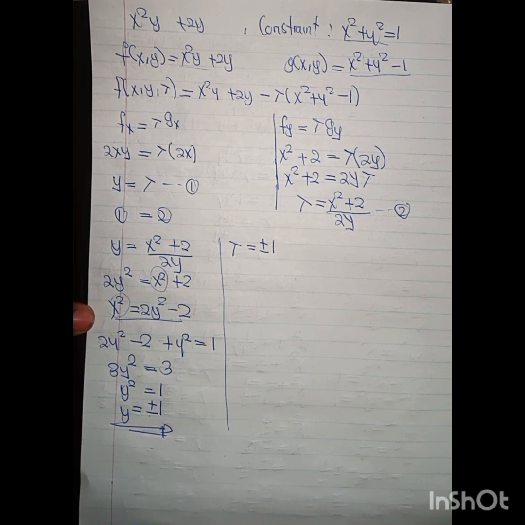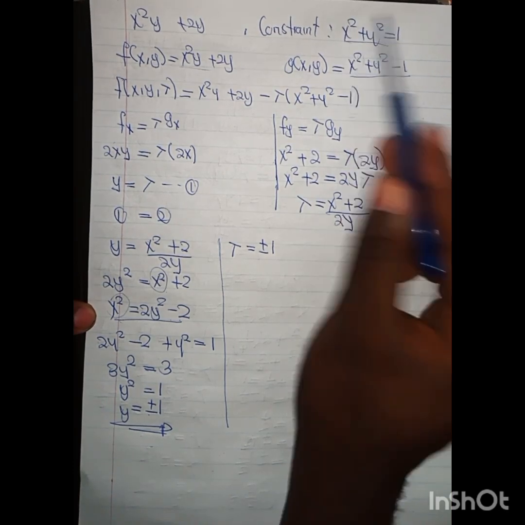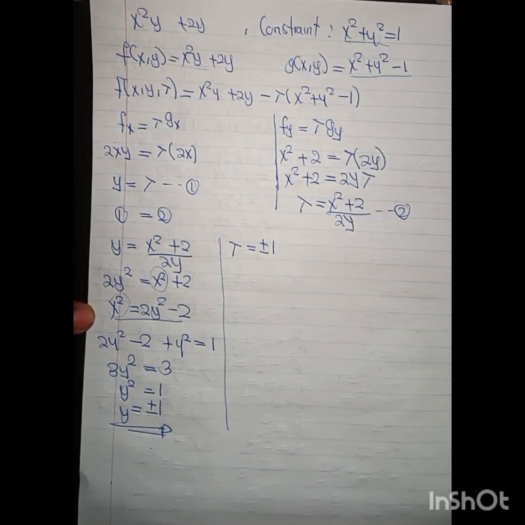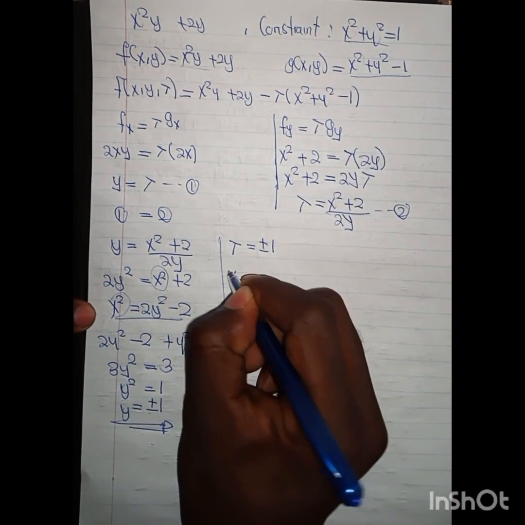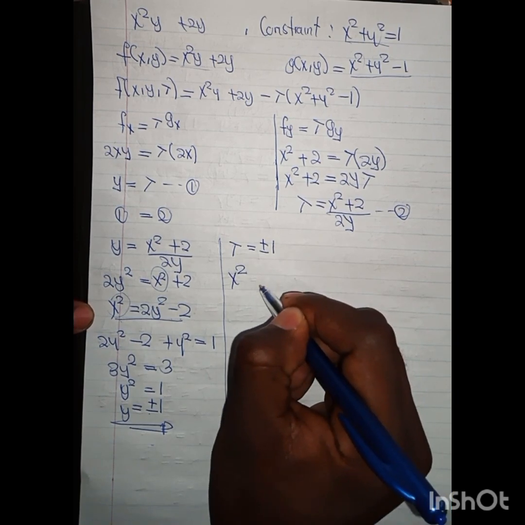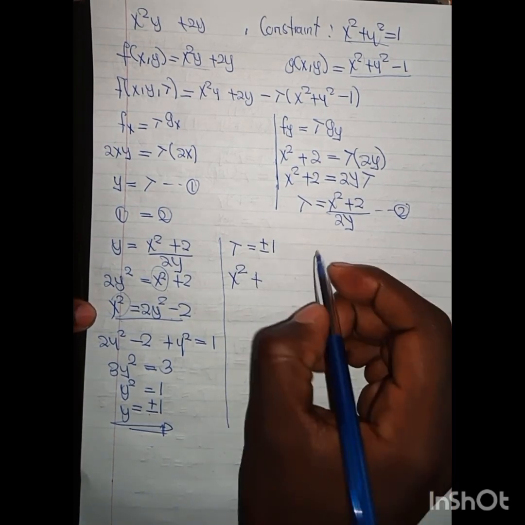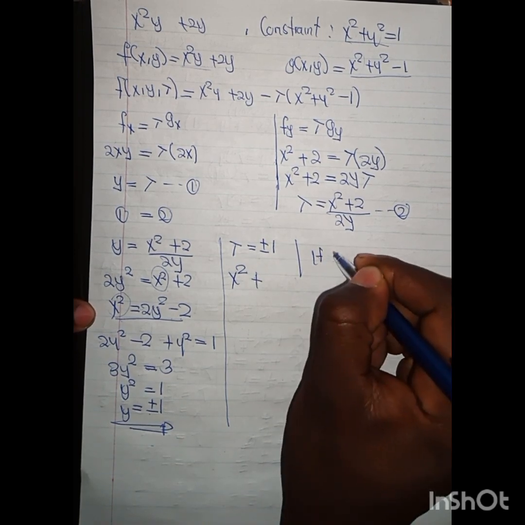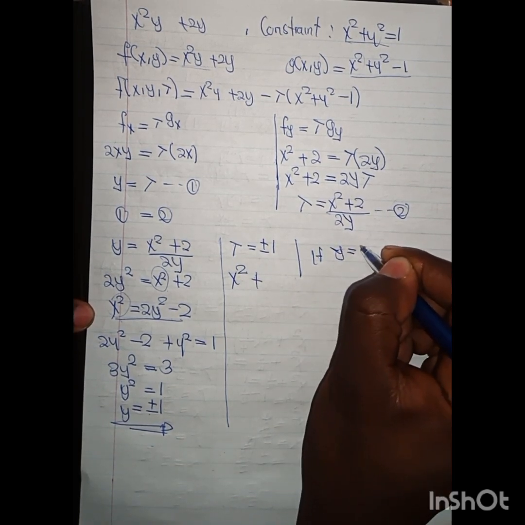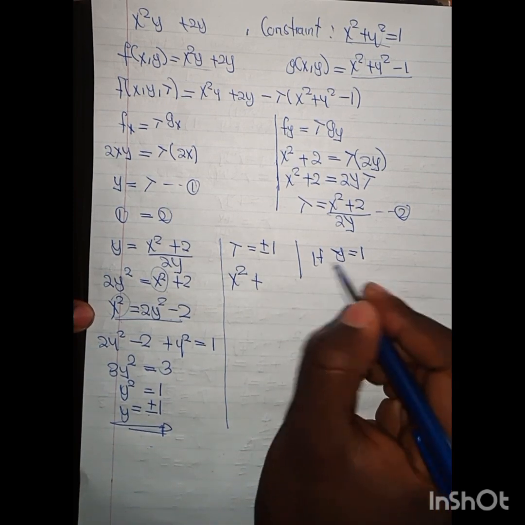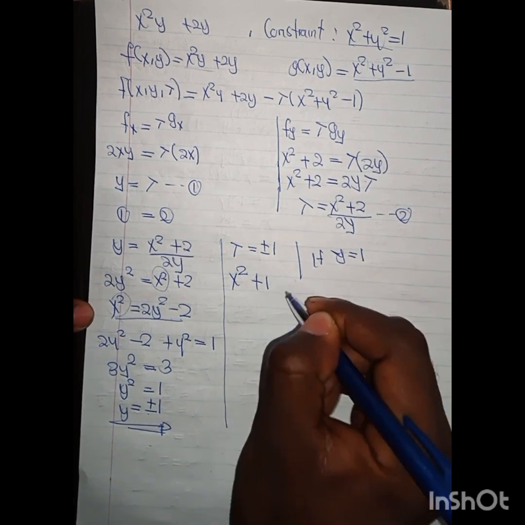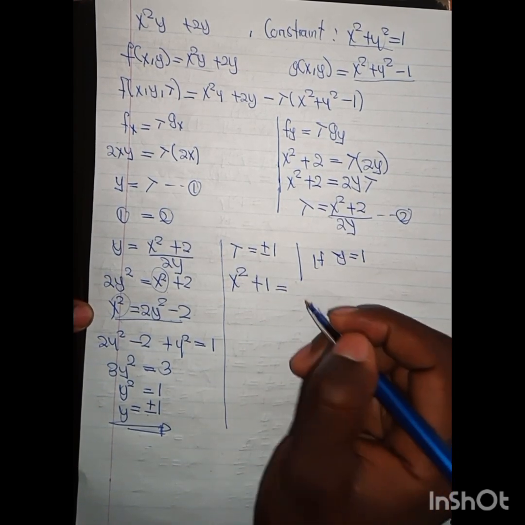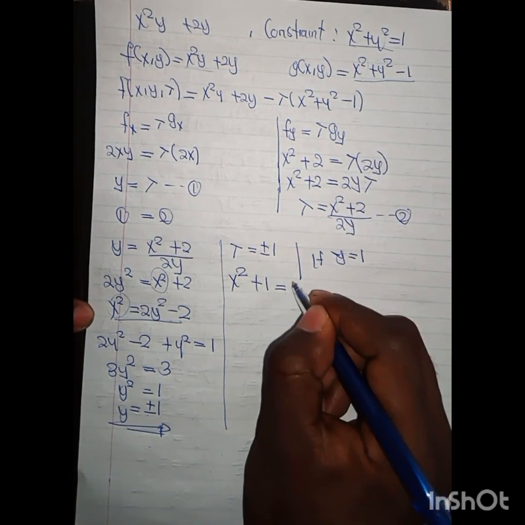Which equation can we use to find the values of x? We can use the same equation, the constraint. If we want to make x the subject of the formula, x squared plus y squared equals 1. Now if y is positive 1, then where there is y, I'm going to plug in 1. 1 squared is 1.